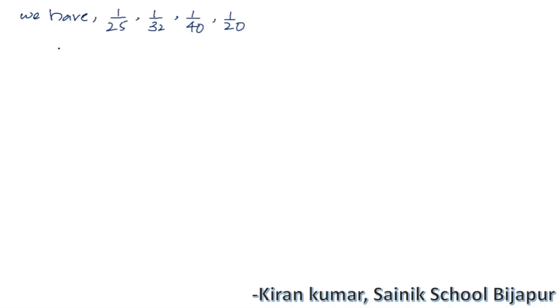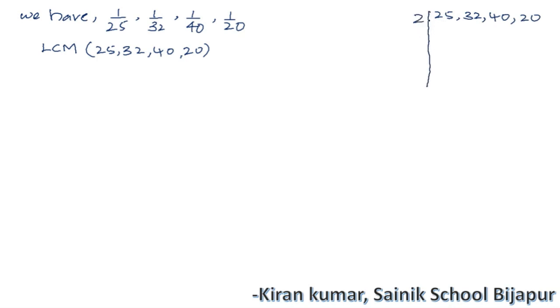For doing so, let me find out the least common multiple of 25, 32, 40 and 20. Let us divide by 2. So 25 is written as it is, 16, 20 and 10.